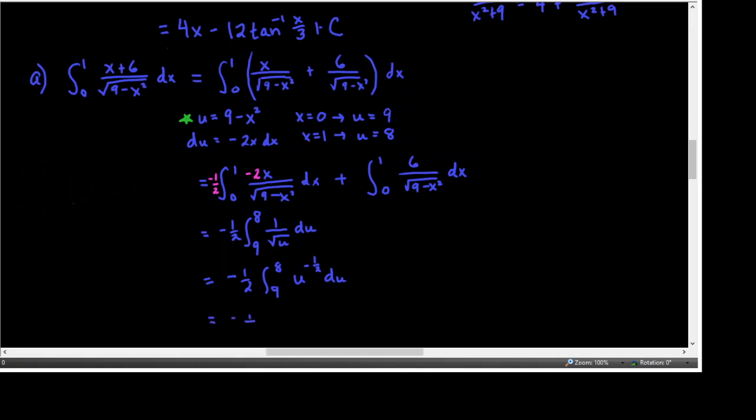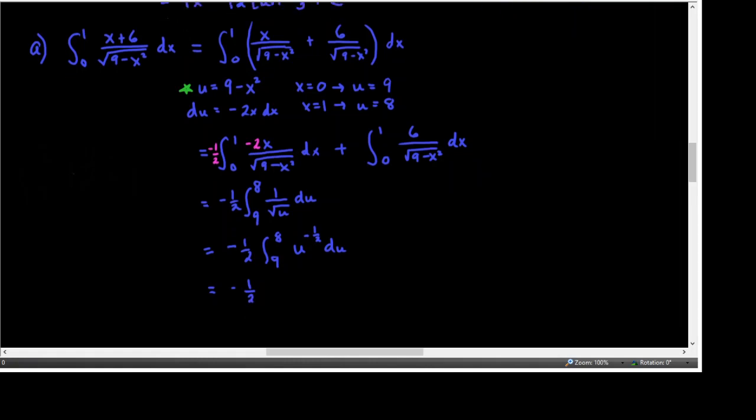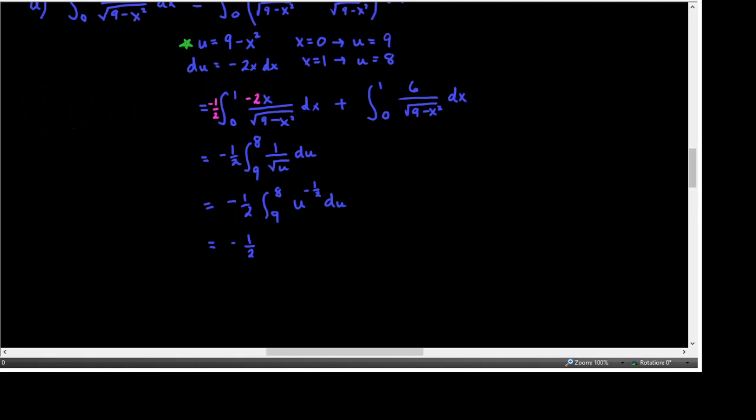And the antiderivative of u to the negative 1/2 is u to the 1/2, because I've added 1 to negative 1/2, divided by the new power 1/2, evaluated from 9 to 8, which simplifies to be negative square root of u, because the 1/2s cancel, from 9 to 8.